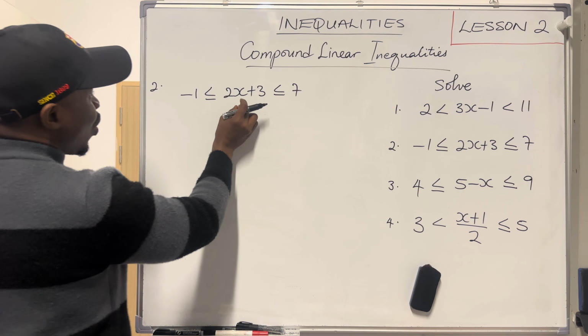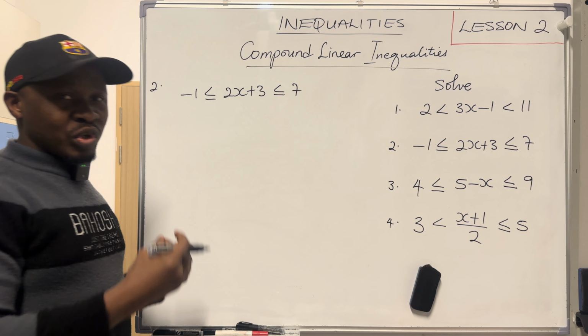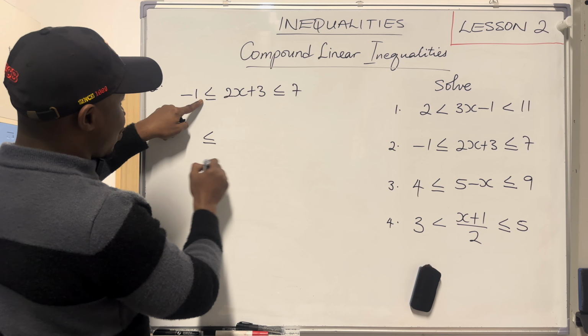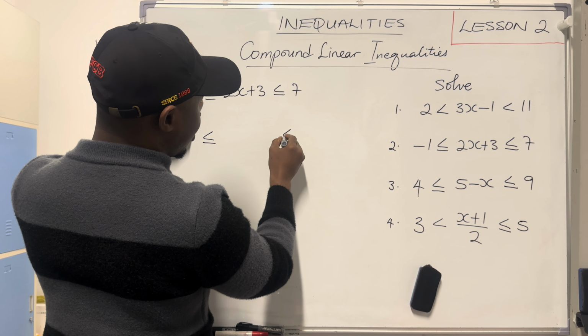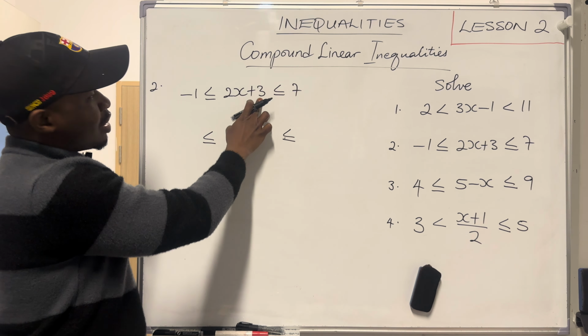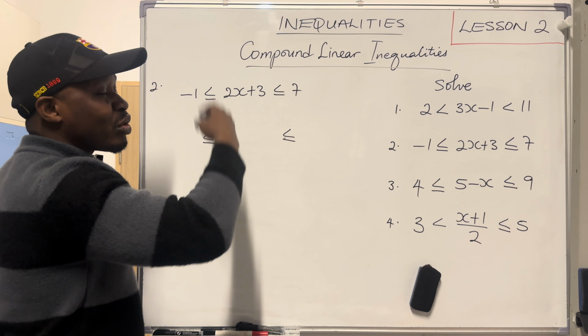So we want only the x term between the symbols. Look at the symbol here, less than or equal to. This one, less than or equal to also. But we want only the 2x, meaning we don't want this 3. It comes with plus 3, so we need to say minus 3.